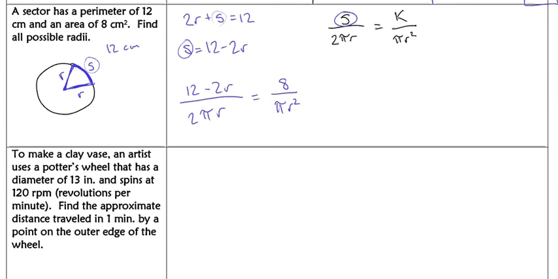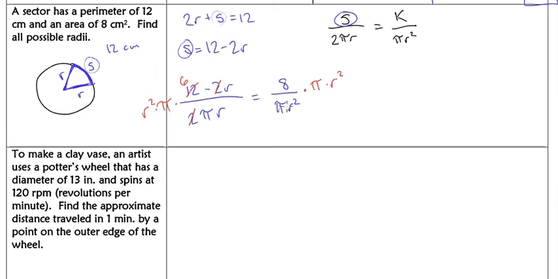First off, we can divide everything here by 2. So we have 6 minus r divided by pi times r. And over here we have pi times radius squared, nothing simplifying over there. So here, multiply each side by pi and by radius squared.